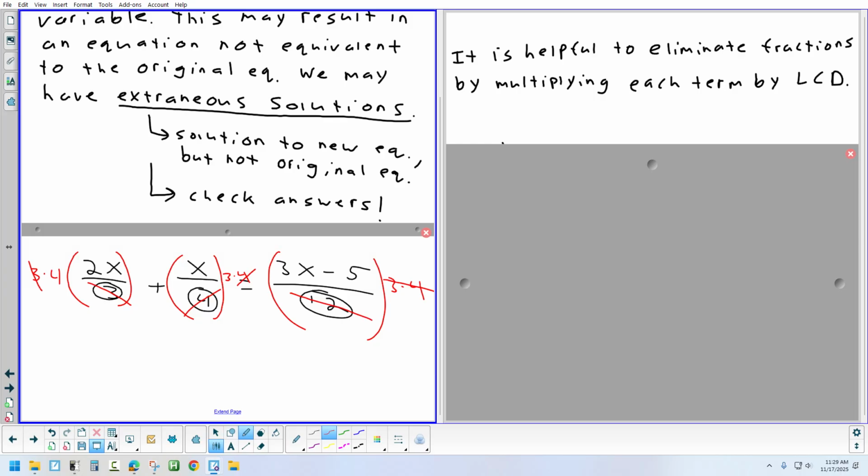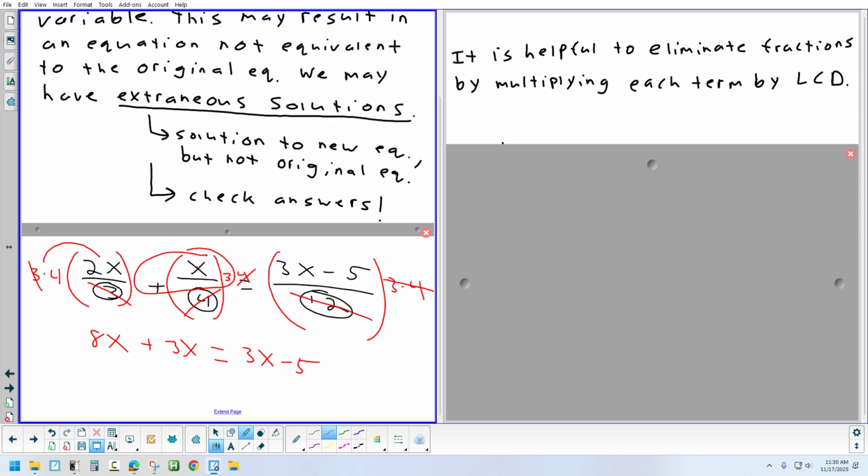So now let's look at what we have left. We have 4 times 2x. We have positive x times 3, which is 3x. And then on the other side is just 3x minus 5.